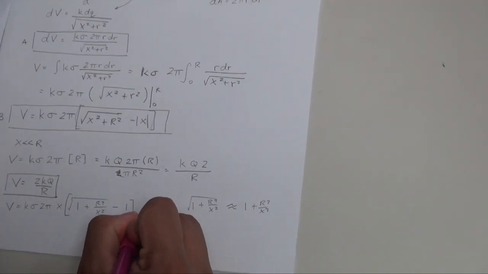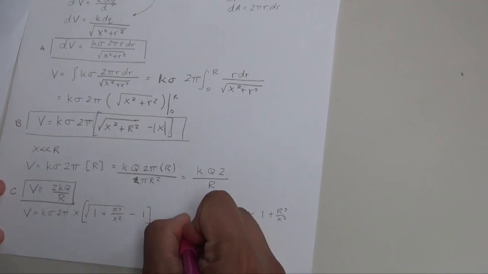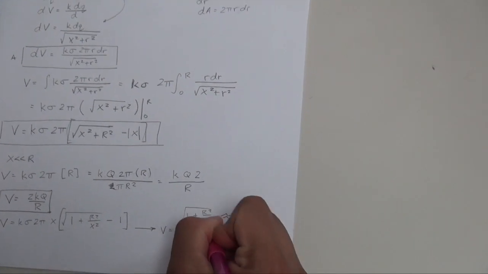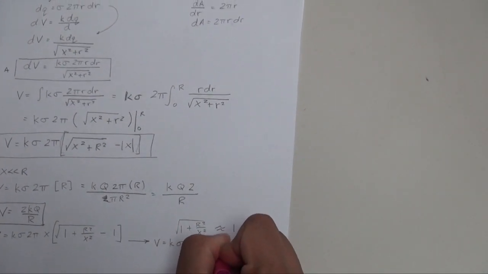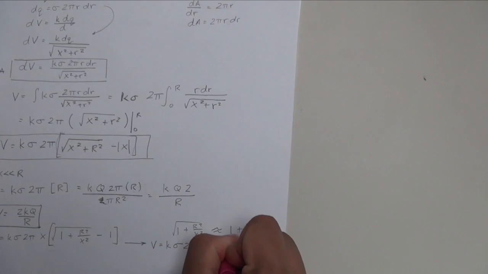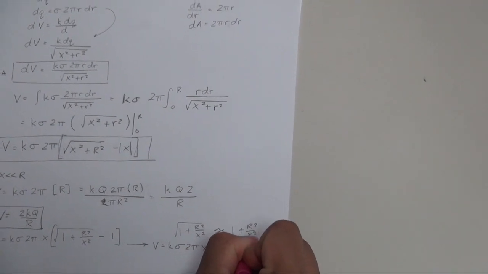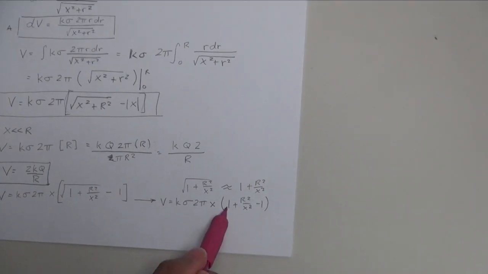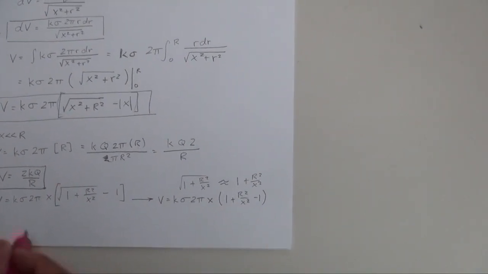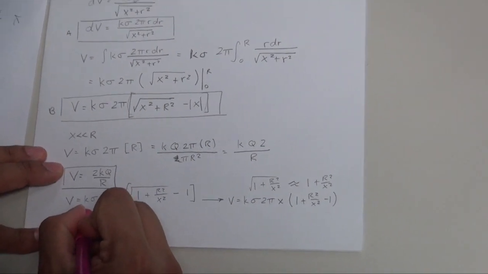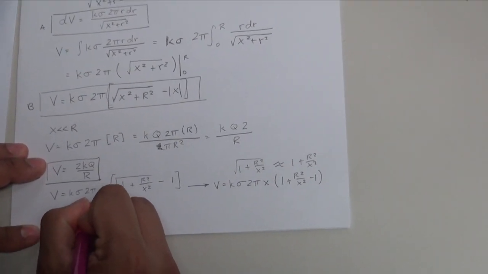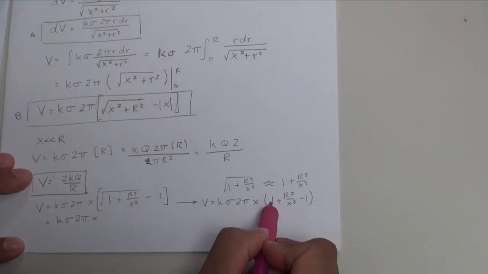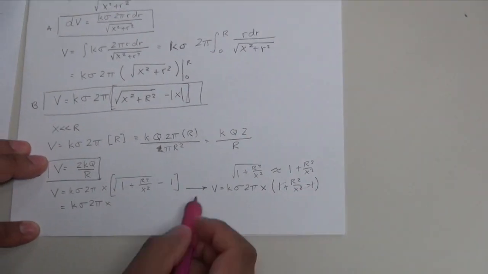And this equation becomes V equals K sigma 2 pi x, 1 plus r squared divided by x squared minus 1. Now in here we have 1 minus 1. So this becomes K sigma 2 pi x. This 1 cancels out with this 1 like this.